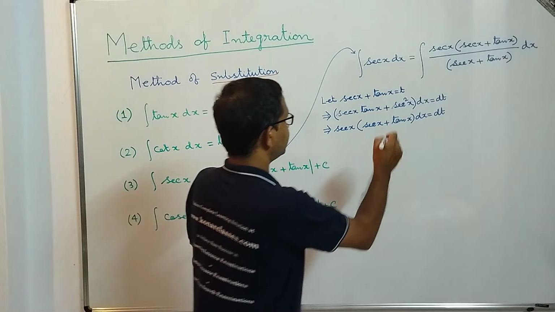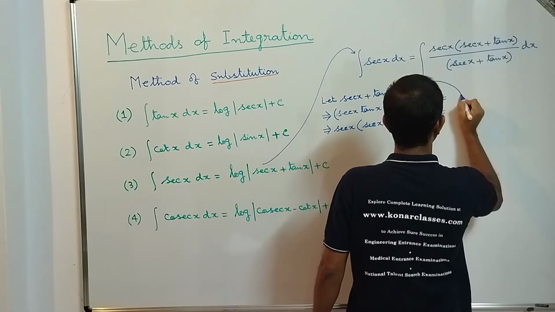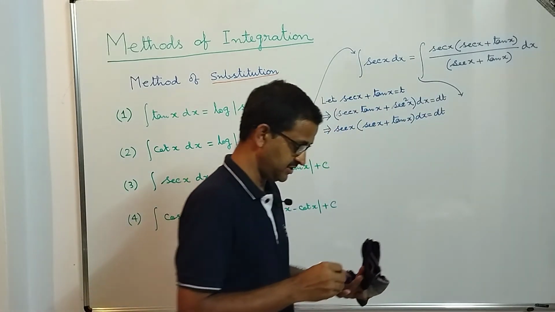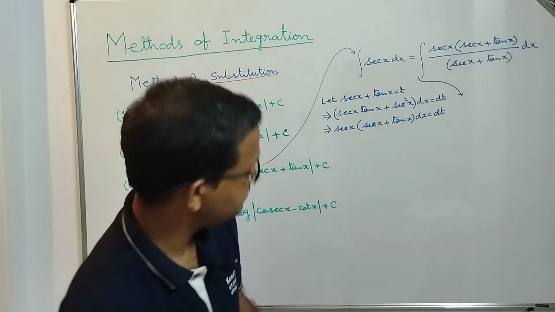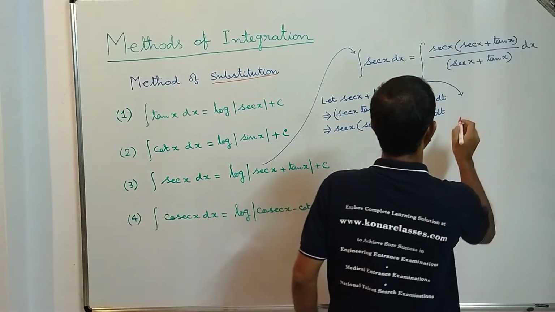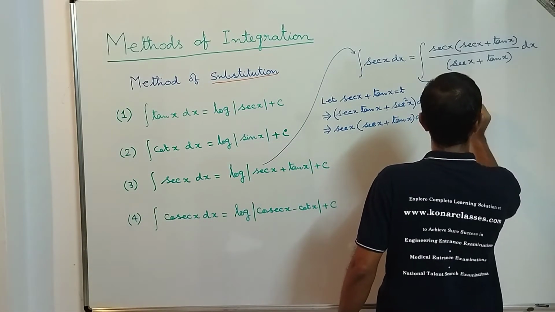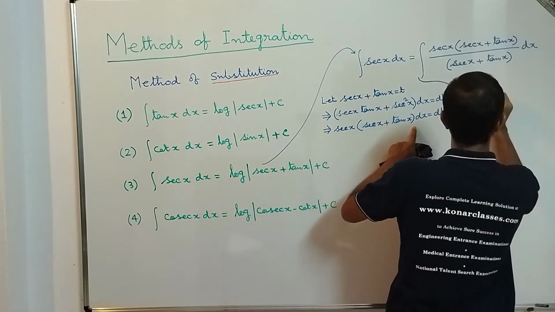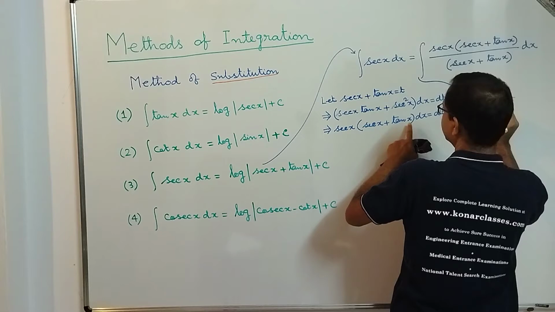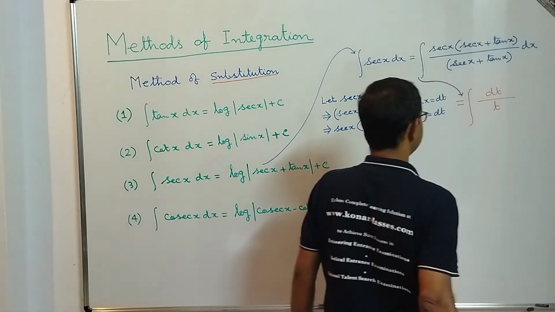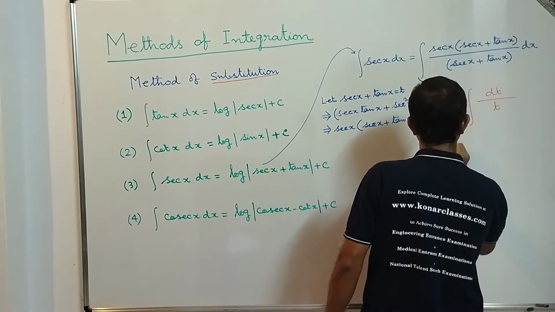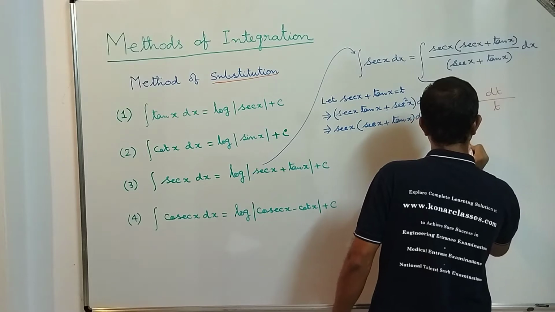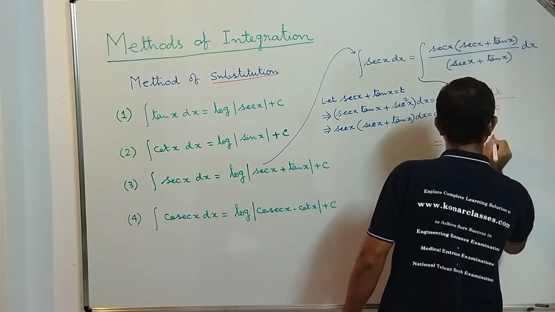Okay, so now let's apply this value here. Let me use a different color so that you can see the difference. From here, this is equal to the integration of sec x into (sec x plus tan x) dx is equal to dt, and in the denominator it is t. So integration of dt by t is equal to log of mod t plus c.